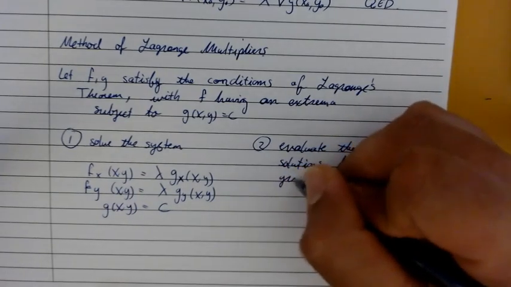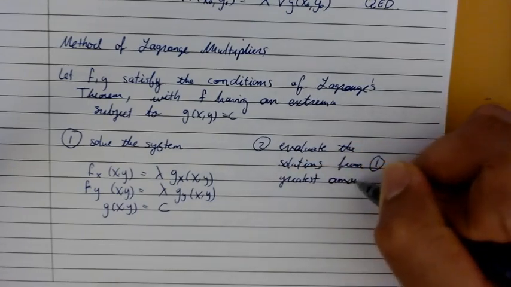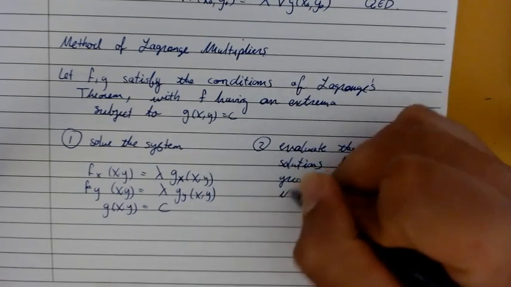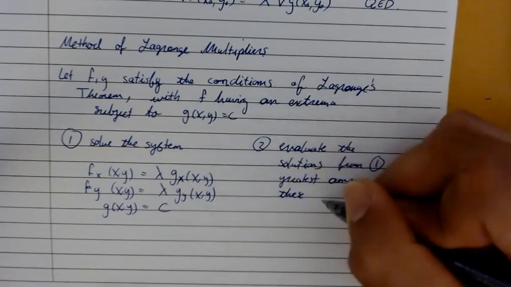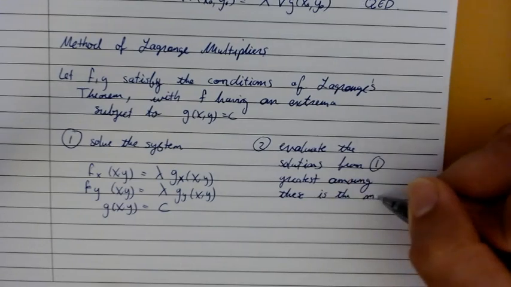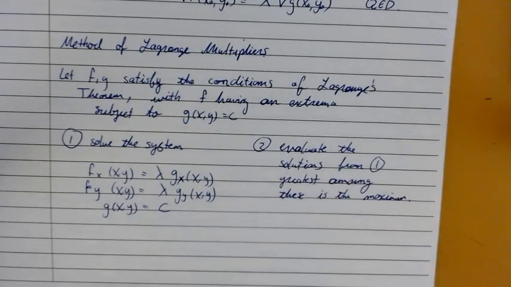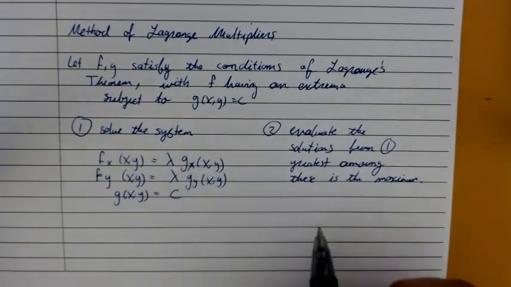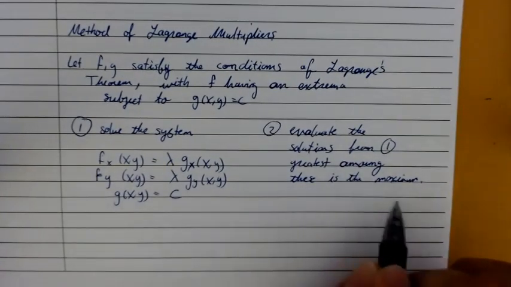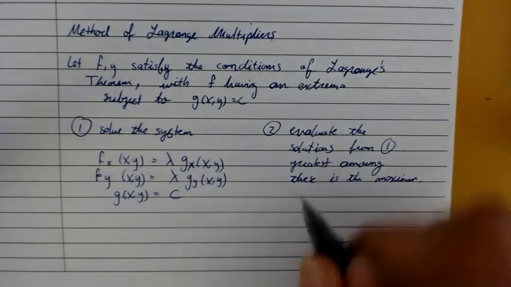The greatest among these is the maximum. If there's only one, well, then that must be it, right? But if there are several, then the greatest among them is the maximum. The least among them is the minimum.